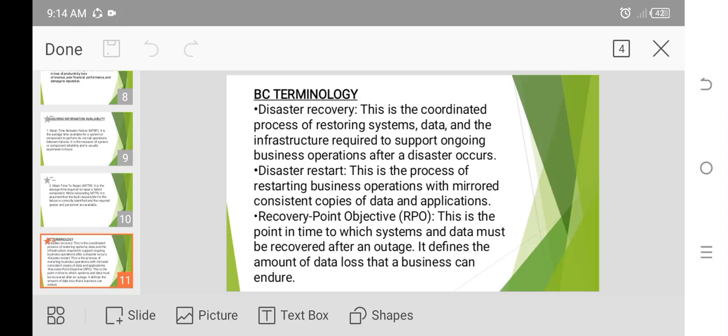Then disaster recovery. This disaster recovery is a set of policies and procedures that focus on protecting an organization from the effects of significant negative events and systems critical to supporting business operations after a disaster occurs.